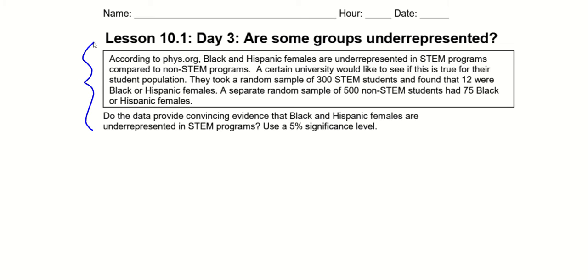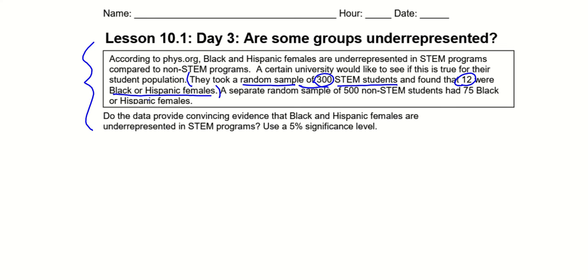So if I take this first sentence here, they took a random sample of 300 STEM students, right? We have a random sample, that's key. We have a sample of 300 and they are STEM students, and we found that 12 were Black or Hispanic females.